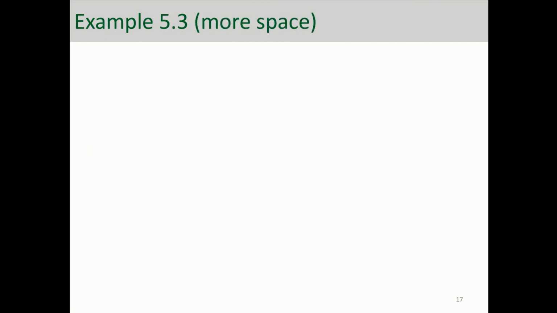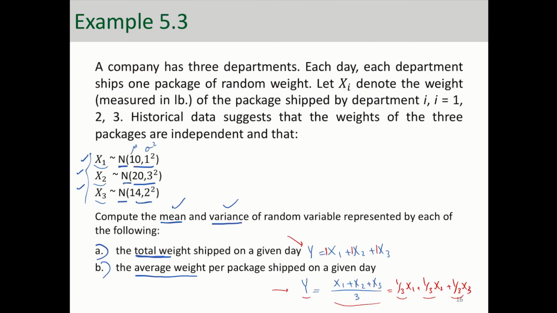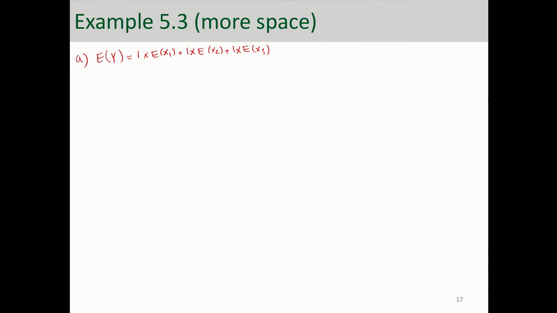So for example, for part A, the expected value of Y is just 1 times the expected value of X1, all the way to X3, and the expected values of X1, X2, and X3 are 10, 20, and 14.